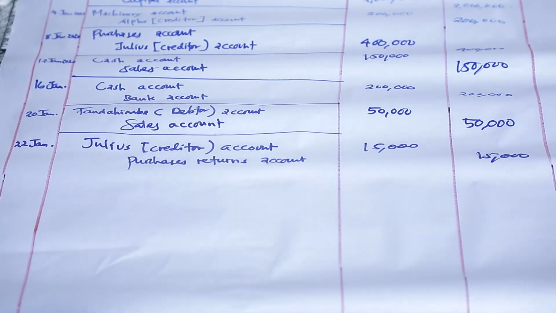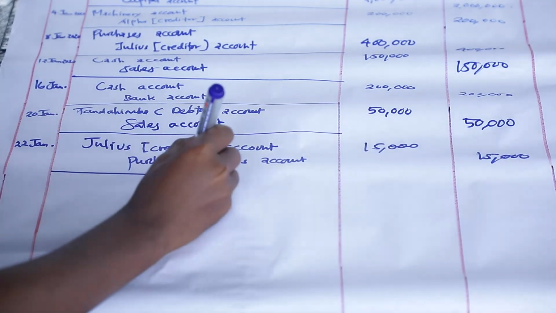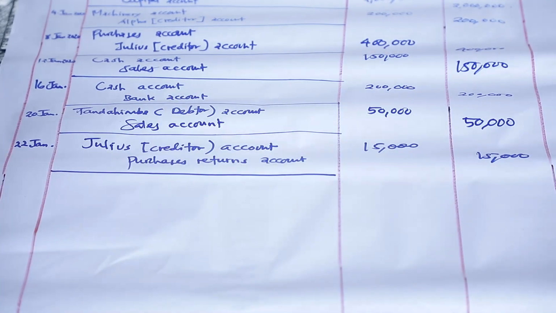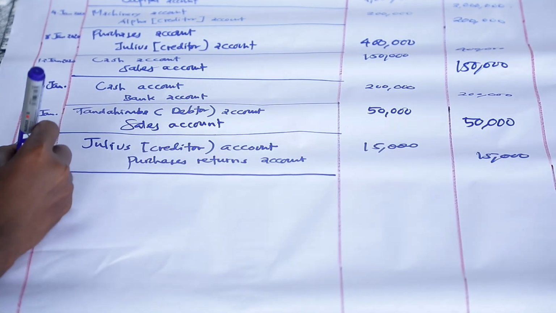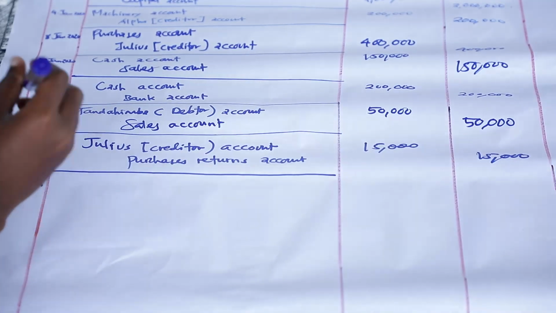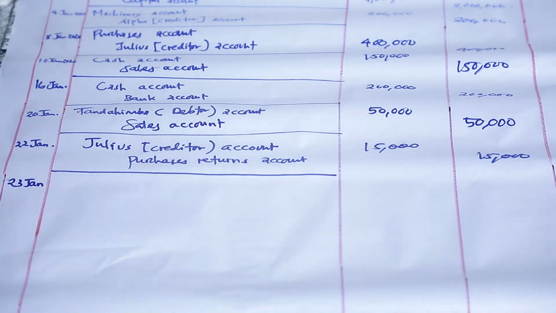On the 23rd January 2020, we paid Julius 200,000 by check. Remember that we bought goods on credit. So when we paid Julius, we'll have two accounts.